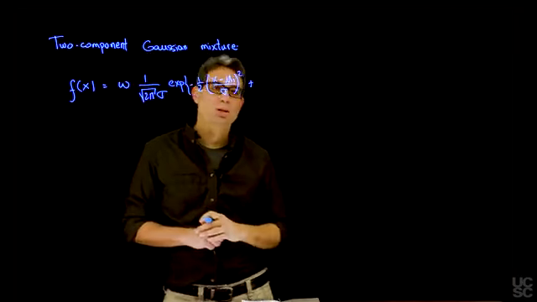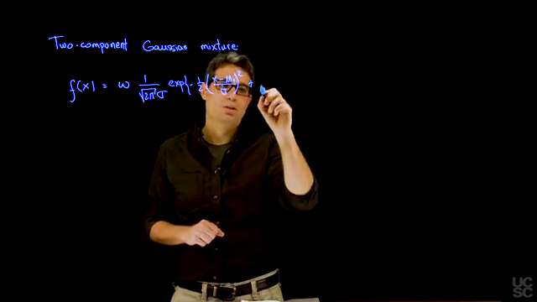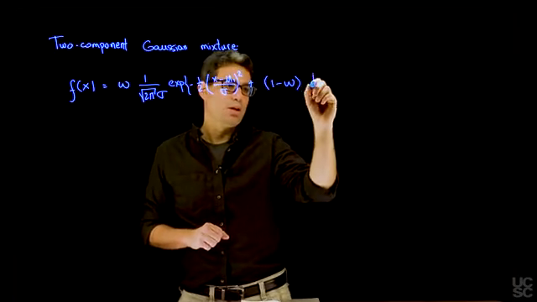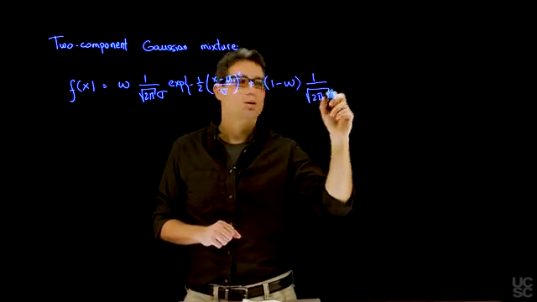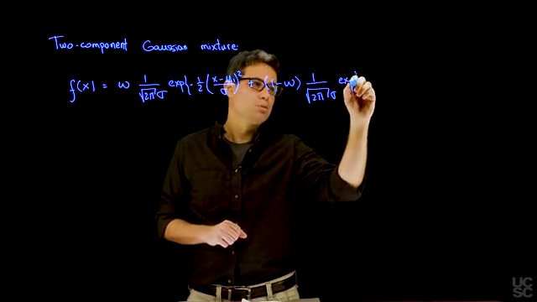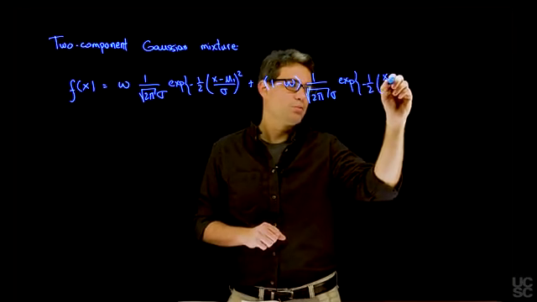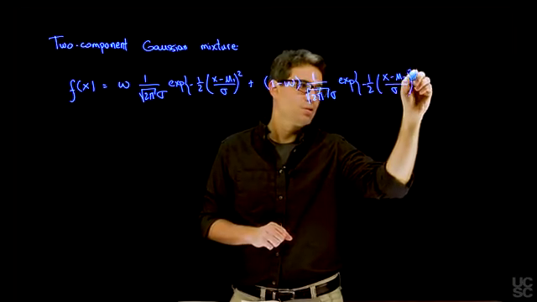And then, because we have only two components, the weight associated with the second component has to just be 1 minus omega. And again, 1 over the square root 2 pi sigma exp minus 1/2 x minus mu2 divided by sigma square.